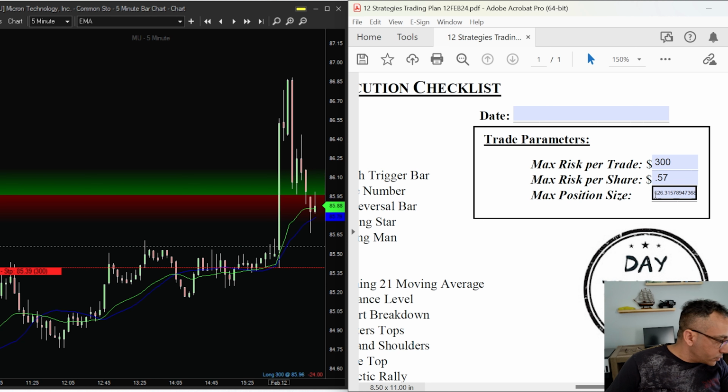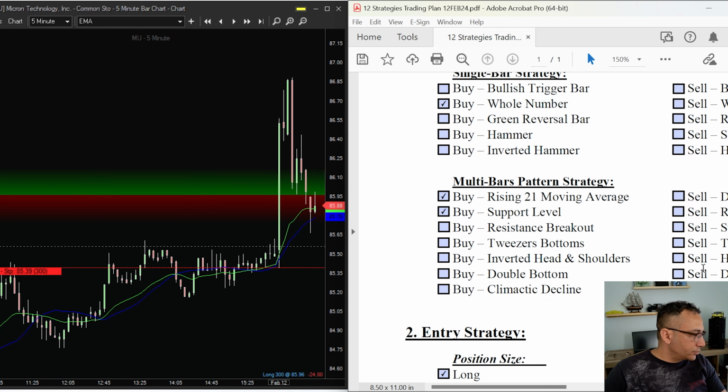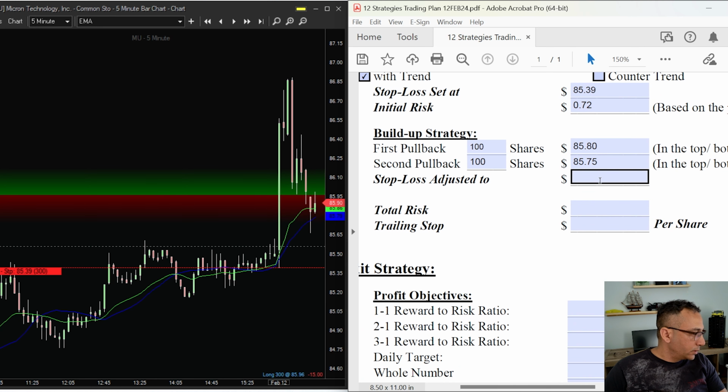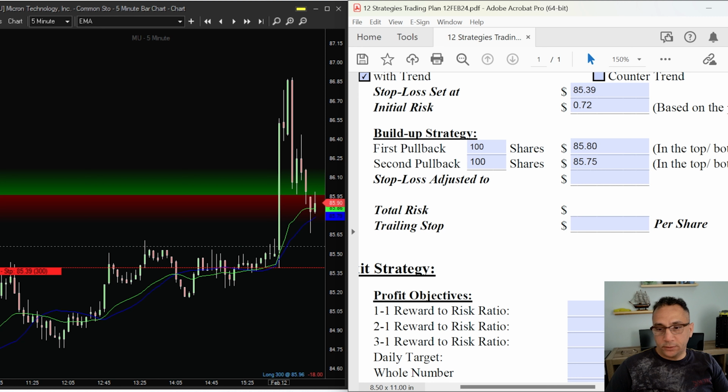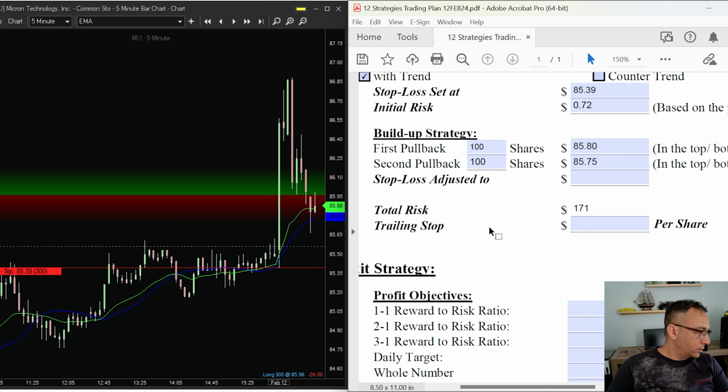So now we can go up to 300 shares for this particular trade. So the risk will be 57 cents per share times 300 shares equals 171. $171 is our risk.